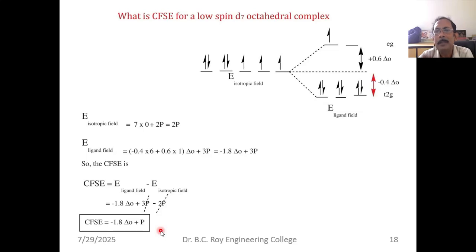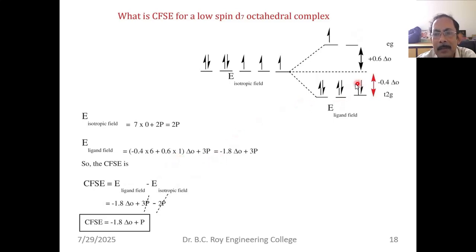For a low spin d7 octahedral complex, again we can calculate for another example. The isotropic field is becoming 2P. For the ligand field, the same formula, it is again octahedral, so minus 0.4 into 6, because there are 6 electrons in the t2g orbital, so minus 0.4 into 6, plus there is only one electron in the eg orbital, that's why 0.6 into 1.